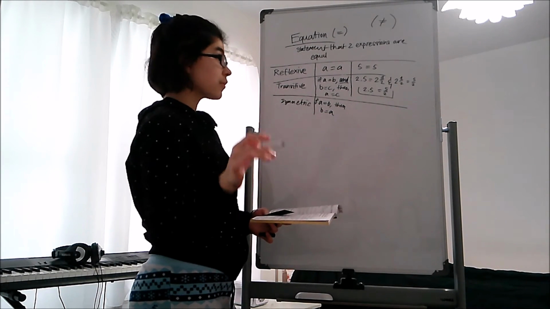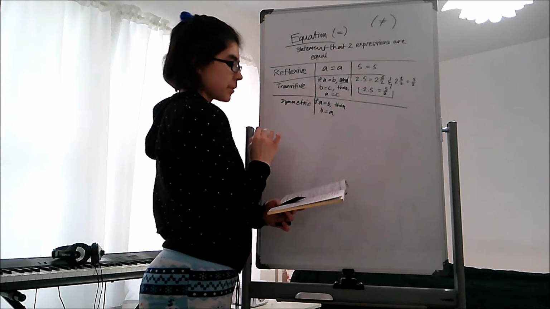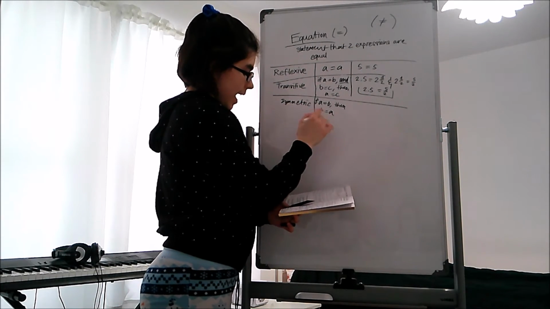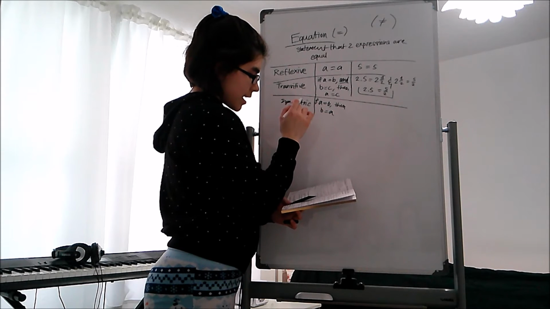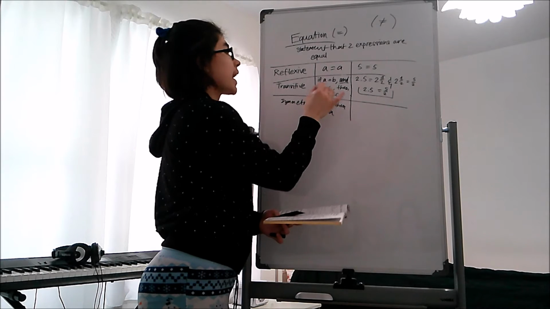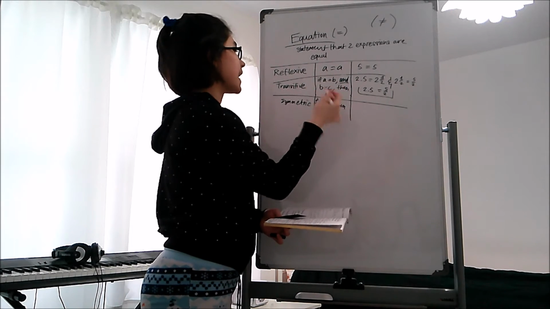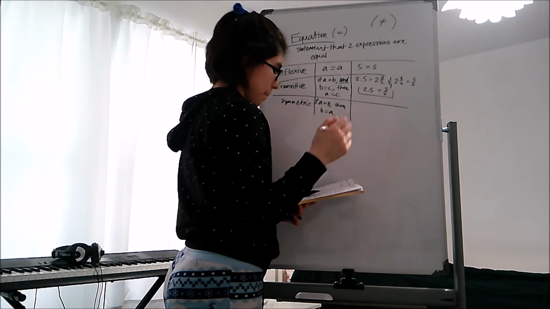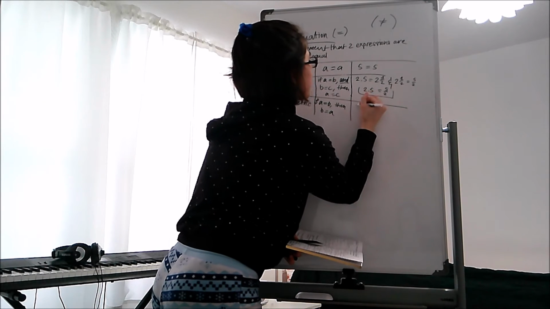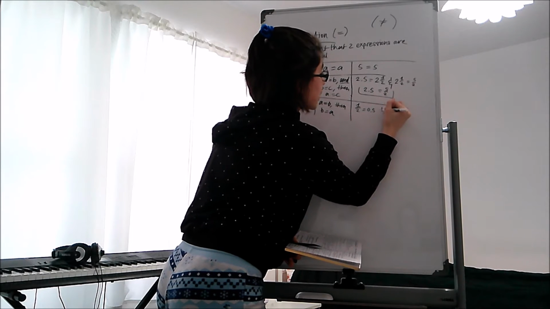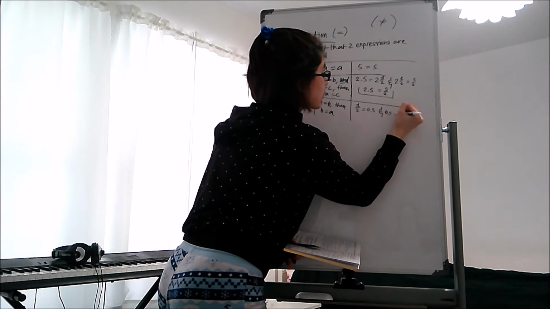So to recap so far, we've got reflexive property, which is A equals A, symmetric, which is A equals B, then B equals A. And we've got transitive, where if A equals B and B equals C, then A equals C. And for the symmetric property, if I say 1/2 equals 0.5, then I can also say that 0.5 equals 1/2.